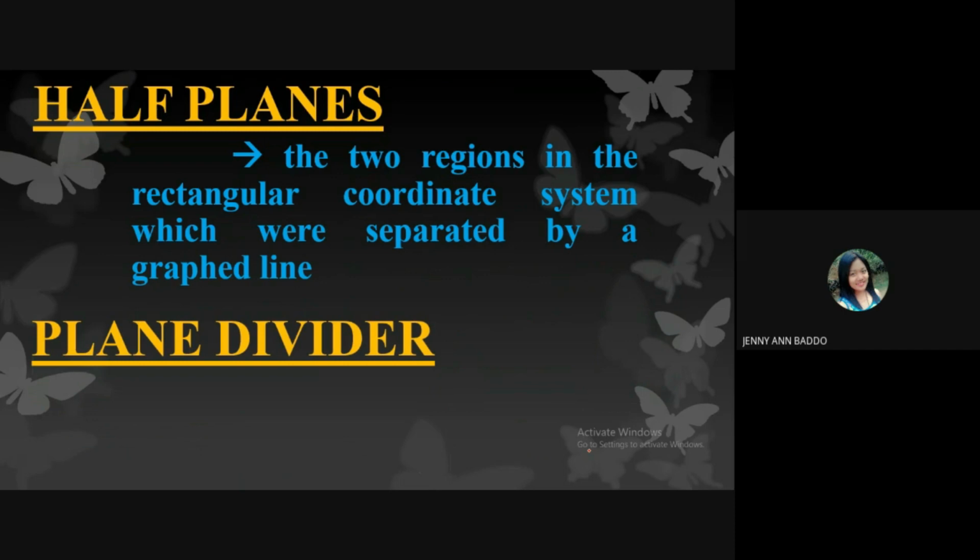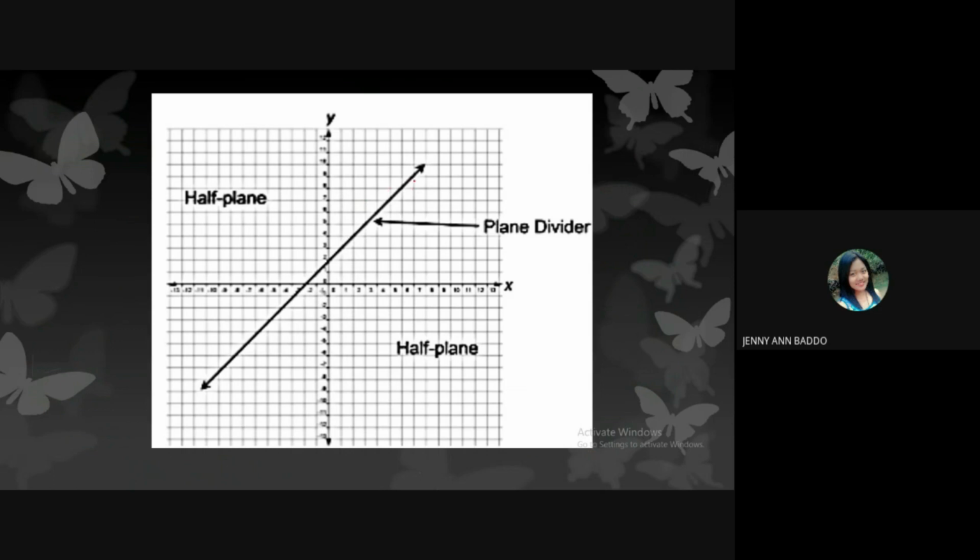And that line that divides or separates the plane into two parts is called the plane divider. Like this. We call this one the plane divider. And the two regions divided by the line are called half planes.